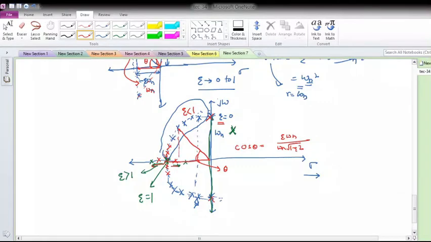If I draw this way, this is my zeta omega n, and this is my omega n, the hypotenuse. The length of this side is zeta omega n. So the cosine of the angle theta will be zeta omega n upon omega n, which is zeta. So I can define the relation between zeta and the angle theta made from the negative real axis: zeta is equal to cos theta, and theta is equal to cos inverse of zeta.